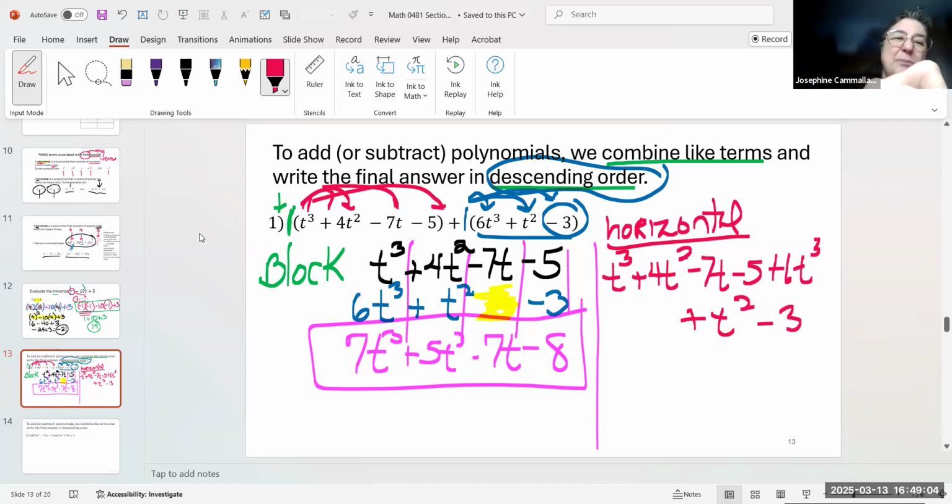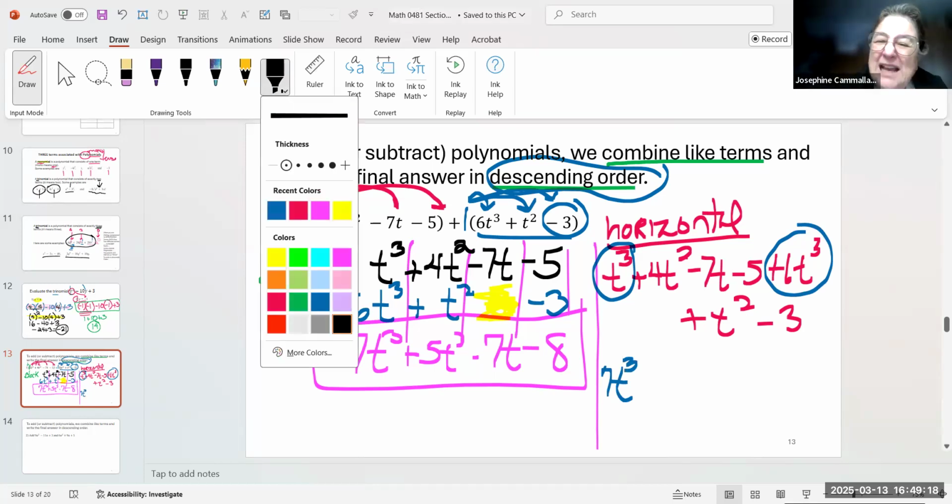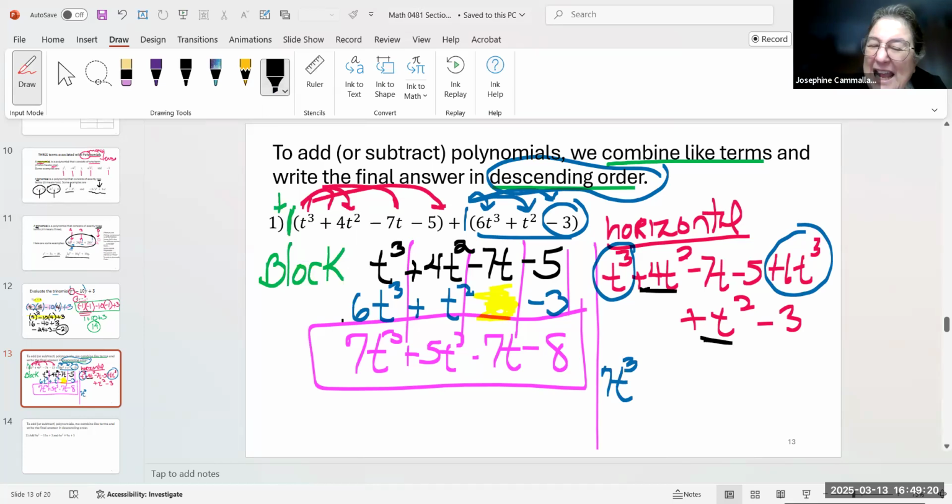In the horizontal method, I have to know that this term and the one way over here have got to come together first. I then have to recognize that this term and this term have got to go second. Because notice this is the highest power of t. That's the second one.